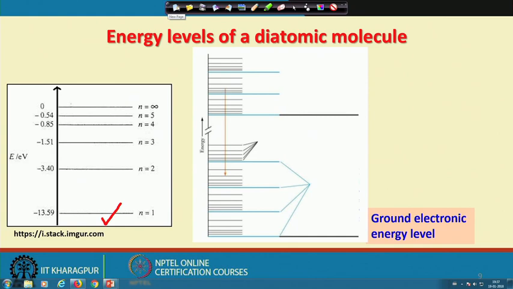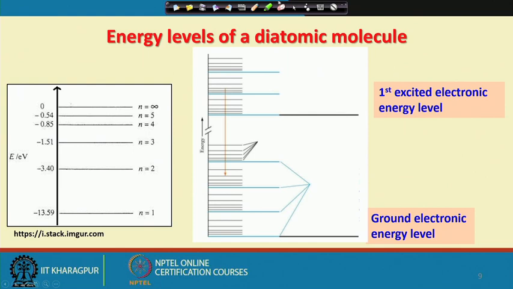Now, here I also have the first excited electronic level, and this is this energy level. Okay. And what was the corresponding first excited electronic energy level in the single atom case? This was the first excited electronic energy level in the monatomic case.